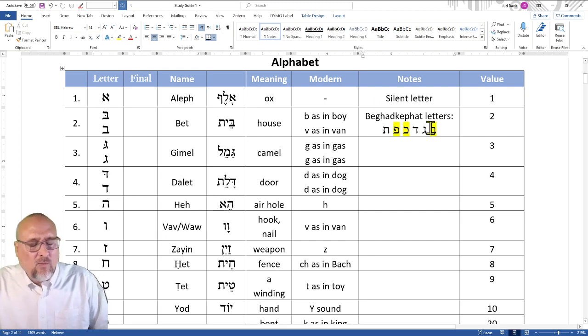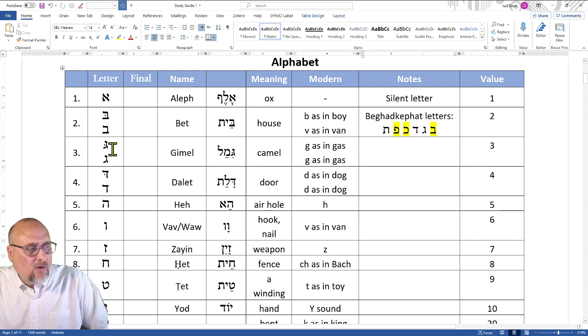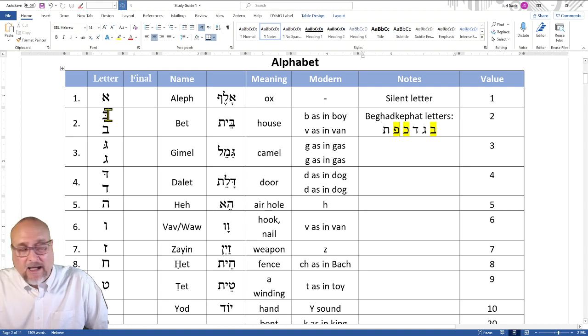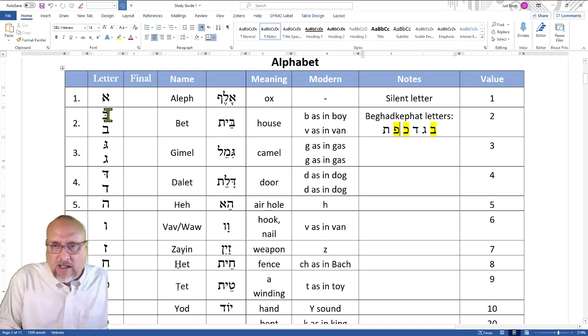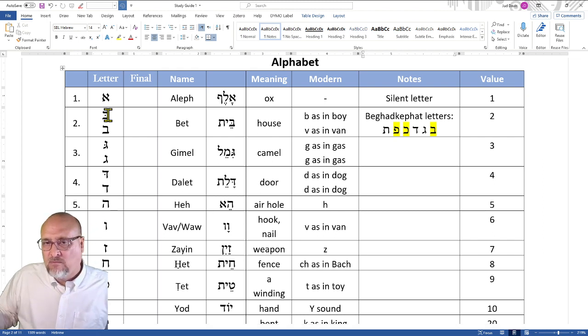But you will hear people who are trying to imitate the ancient way, and with all the Begad Kafats, if it doesn't have the dot, it has the H sound, so it would be a BH or a V, I guess we would approximate it. If it does have the dot, and the dot's called a Dagesh, the Dagesh takes the H sound out of that Begad Kafat letter.